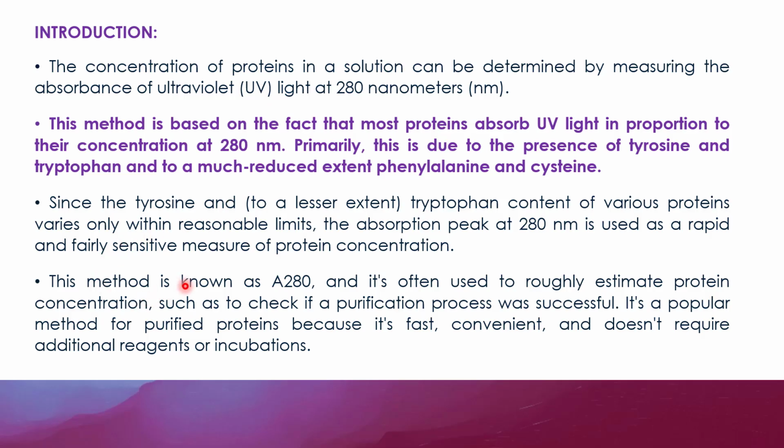This method is also known as absorption at 280, and it's often used to roughly estimate protein concentrations, such as to check if a purification process was successful. It's a popular method for purified proteins because it's fast, convenient, and does not require additional reagents or incubation.